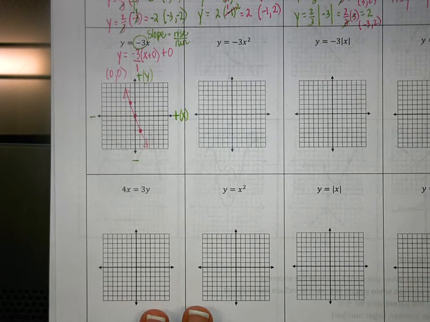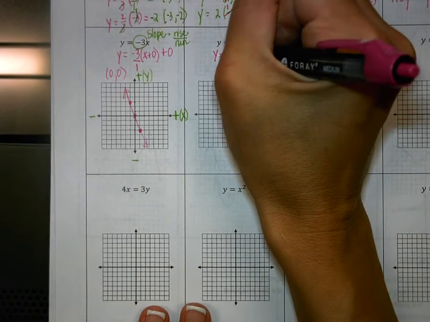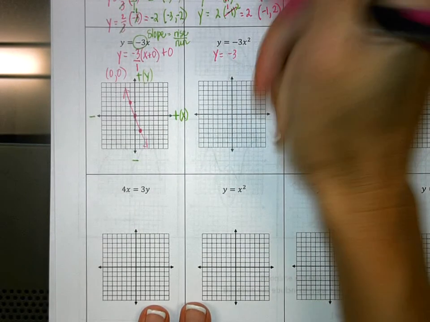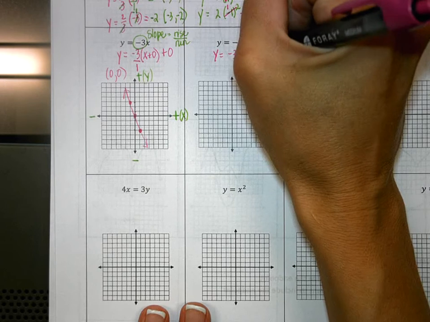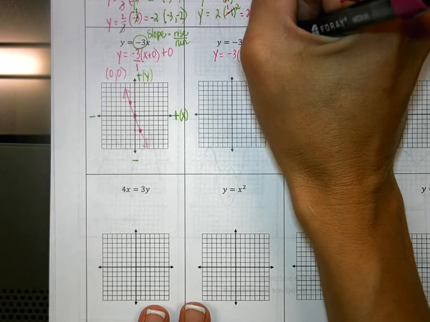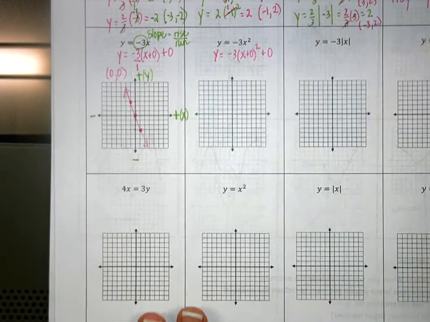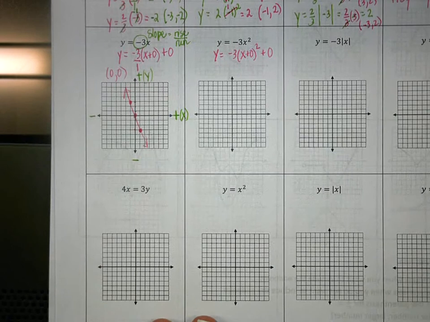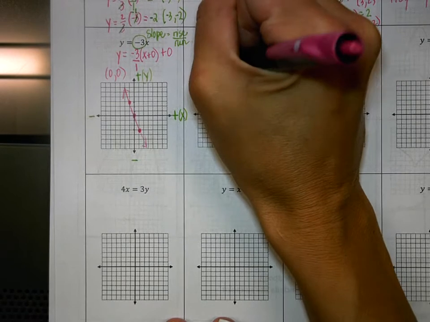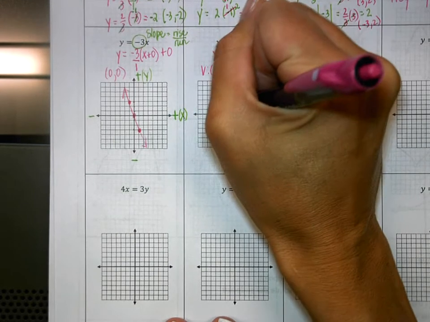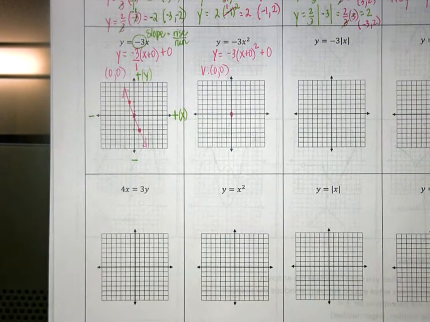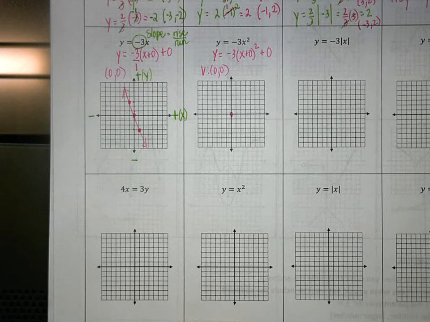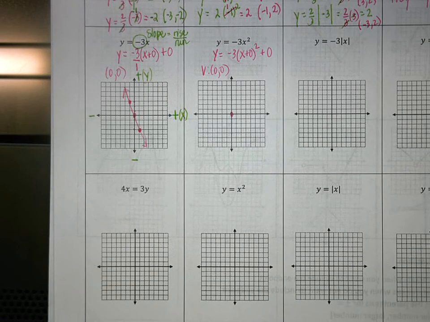Okay, next equation. Y equals -3, parentheses, x plus 0 squared plus 0. So what will be my vertex or starting point on this equation? Very good. So vertex is 0, 0. And then let's go ahead and plug in points.